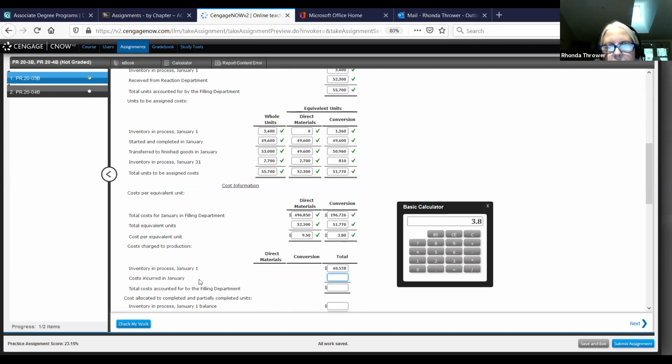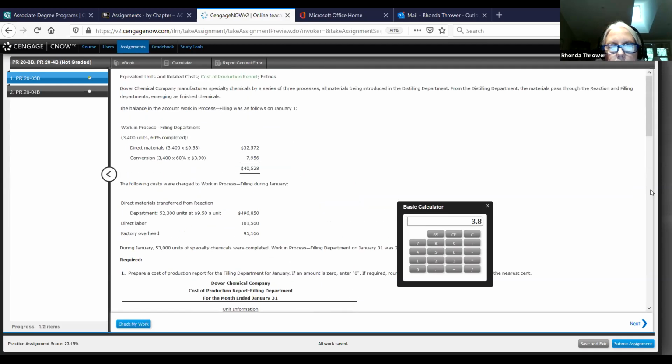The costs that I have incurred in January are going to be all of these costs combined.